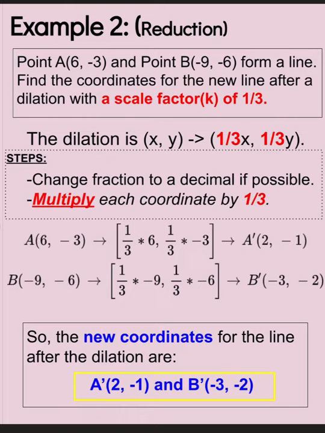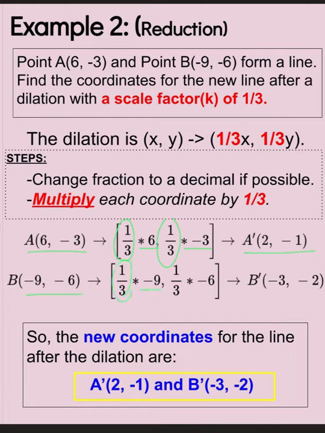So just like before, we took the original coordinates. The original coordinates of A was (6, -3). You can see multiply the scale factor to the x coordinate, the scale factor to the y coordinate, and it gets you your new A prime coordinates. Original B coordinates, (-9, -6).